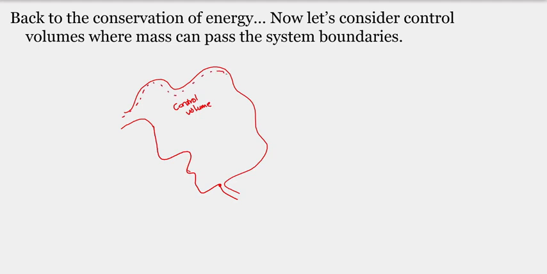I'm going to use that as a dashed line. Okay, like that. And we have mass that can enter the system and mass that can leave the system. And we're going to denote mass flow rates using, again, the over dot symbol. So we have mass in and we have mass out.